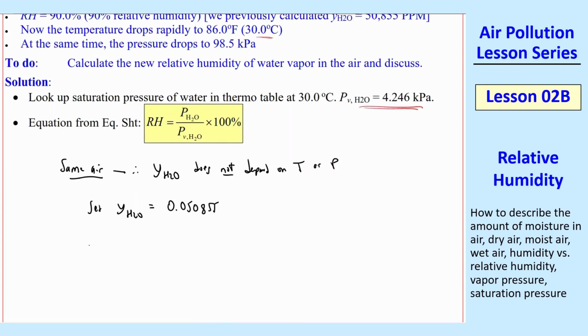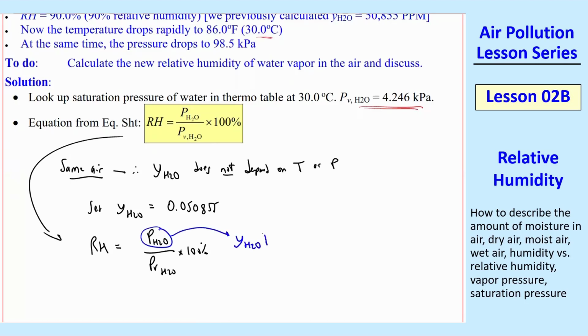0.050855. And so RH, using this equation, is equal to pH2O over Pv,H2O times 100%, but this pH2O is equal to yH2O times P atmosphere, since remember yj is pj over P, and that P is P atmosphere.